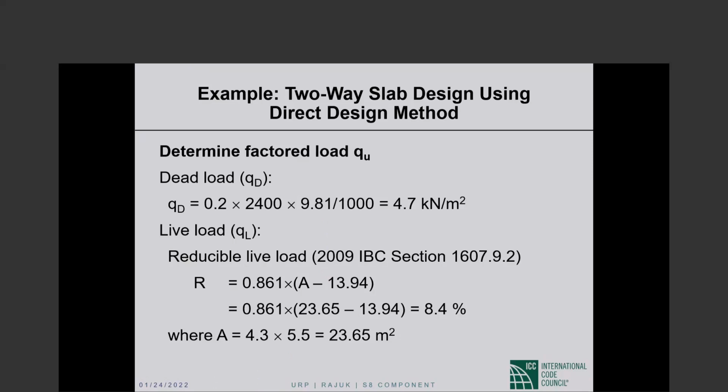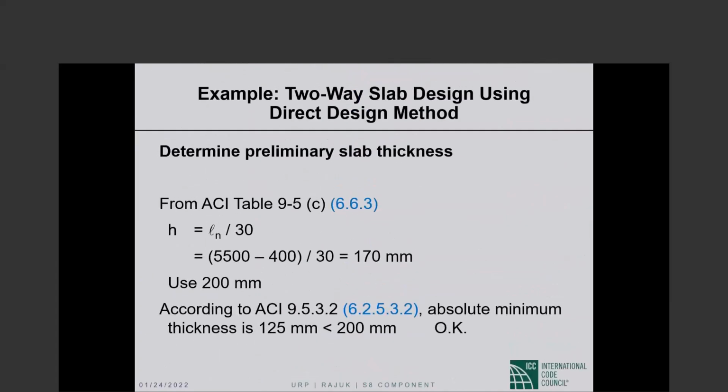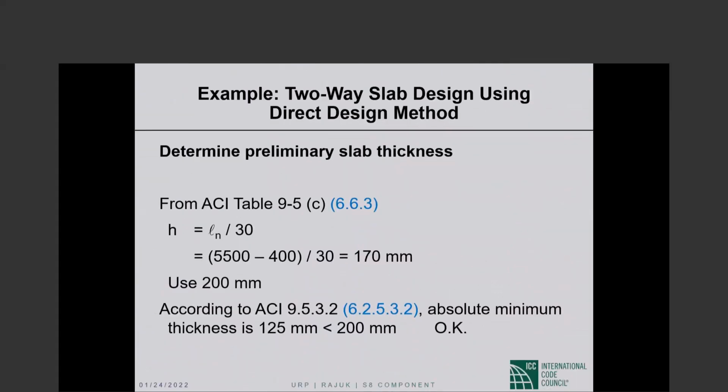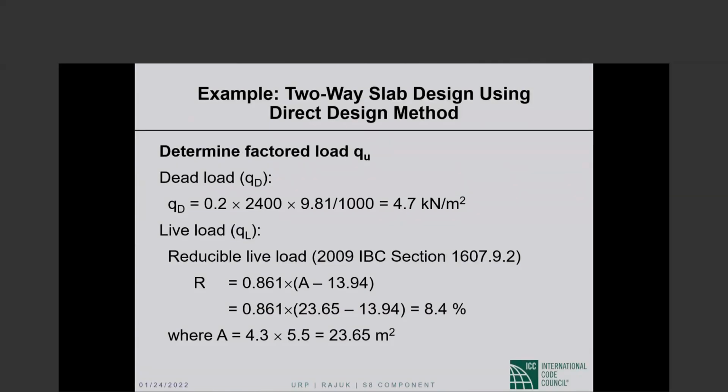Live load is given, I think it was 2 kilonewton per square meter. Yeah, that 2 kilonewton per square meter is reducible. We can take live load reduction as given by this expression, and this is in the IBC.